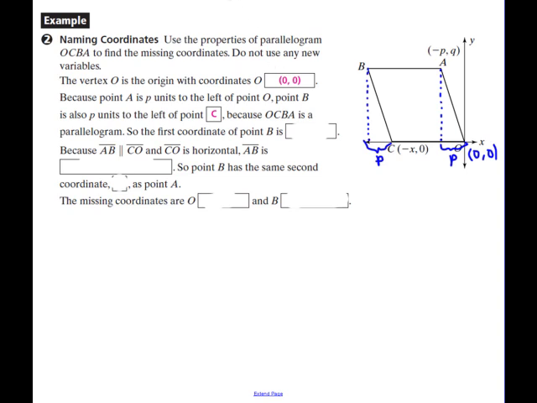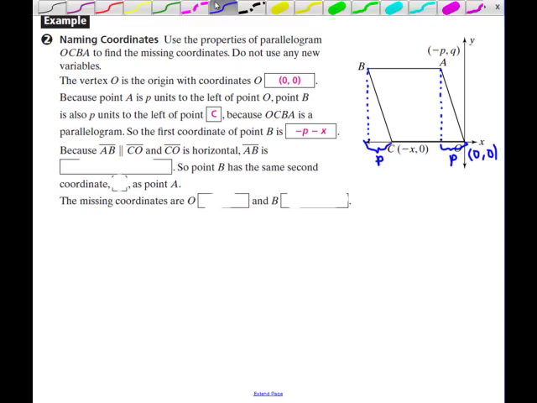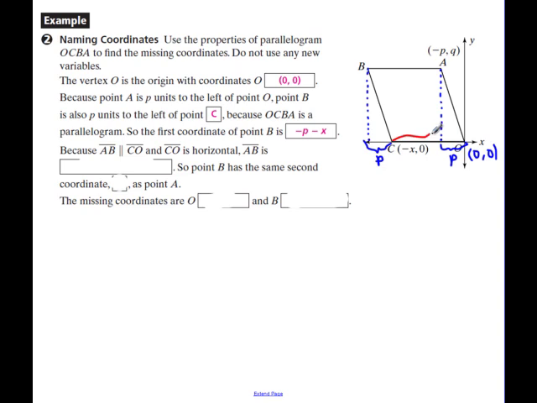Well, we know that the first coordinate of B is going to be this from here all the way out to C, and we know that that's negative x units, and we know that this is negative p units. So if we look at that combined, negative x is this space here.